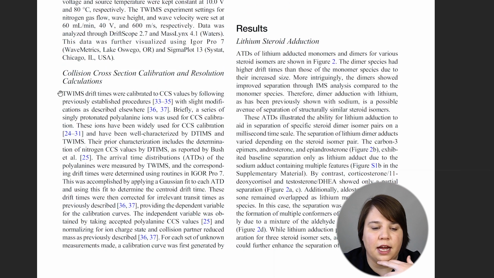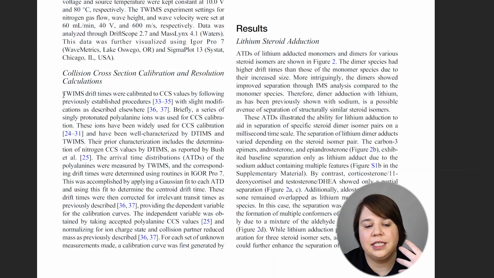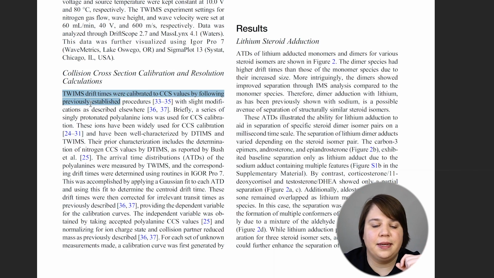So here I start out with just, TWIM's drift time was calculated. In here I could say, to test the accuracy of the CCSs. That was the main reason we were doing this. Or, to determine how CCSs changed according to metal adduction. That was another reason we were doing it.